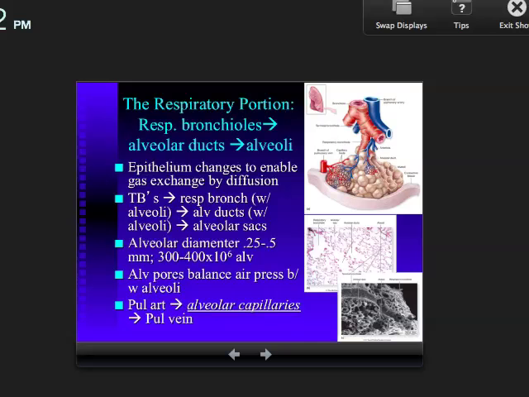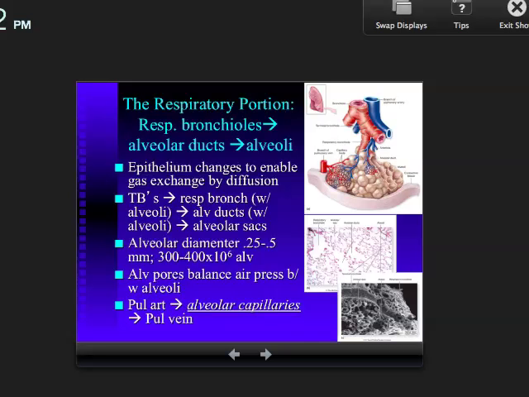It doesn't look that much different from this. It's got smooth muscle in it, but it has the little alveoli. And therefore, there's going to be gas exchange there. So that's a respiratory bronchiole.